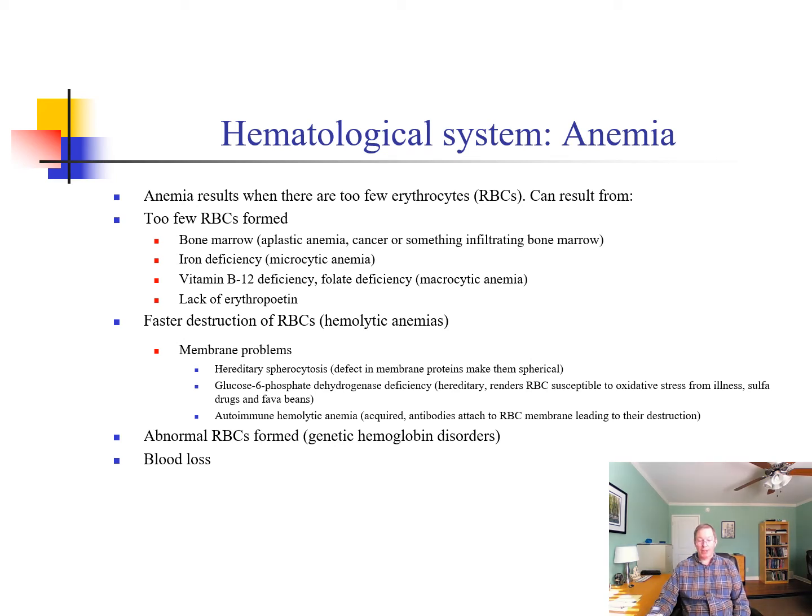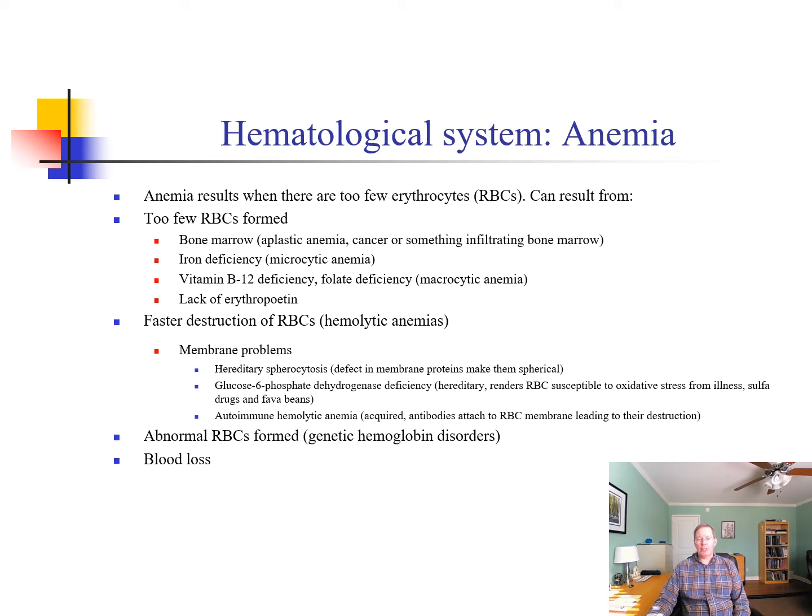For example, there's a hereditary condition called hereditary spherocytosis. You inherit this. And it's a defect in one of the proteins that actually makes them into the biconcave disc. And you end up making spherical red blood cells. Those are destroyed then in the spleen.